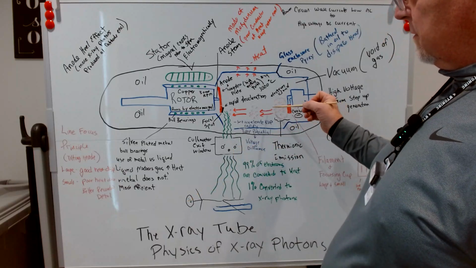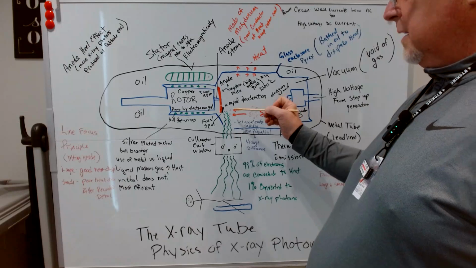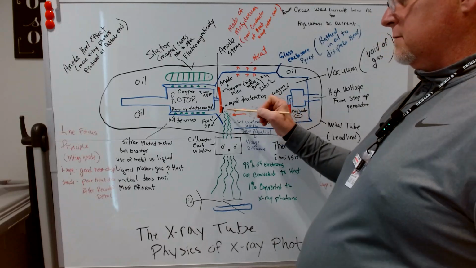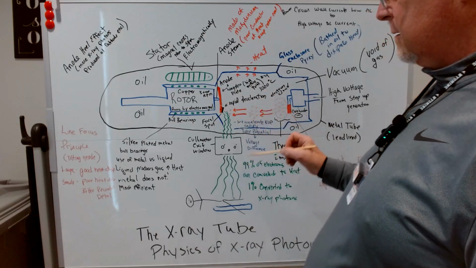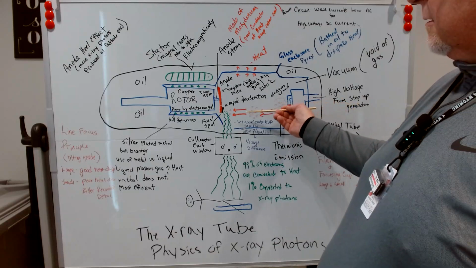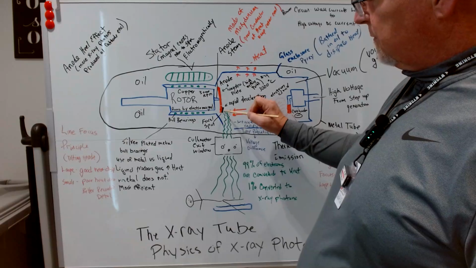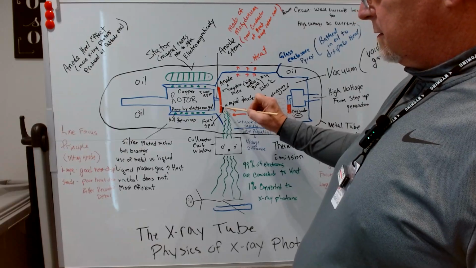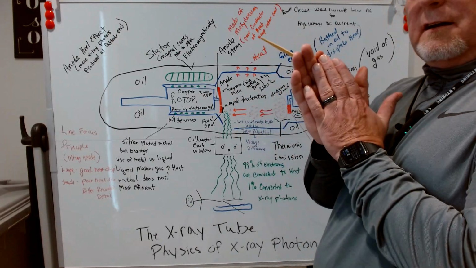These are negatively charged and they're propelled towards the positively charged anode or the focal spot right here. So we've got acceleration of electrons coming across until they meet the focal spot or the target of the anode, and it's a sudden stop.